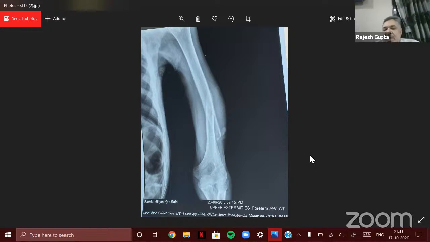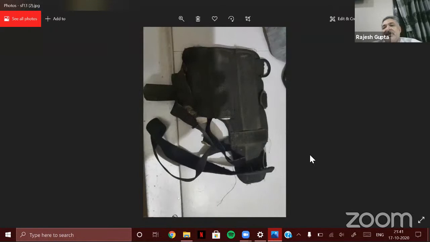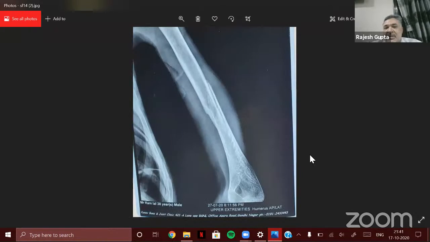Right. So what I did was I debrided the wound in the clinic itself, and then I gave this splint to this patient. This is the only thing given. And when the patient reported back to me after 1 month, this was the picture.